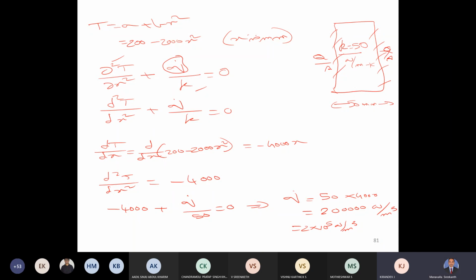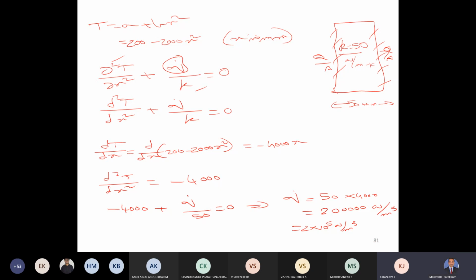The wall heat fluxes can be different. You can see the temperature profile is different at the two walls. At the left side, the temperature was 200 degrees Celsius, and at the right side, it is about 195 degrees Celsius. The temperatures are different, so there is a possibility of different heat fluxes at these two ends.